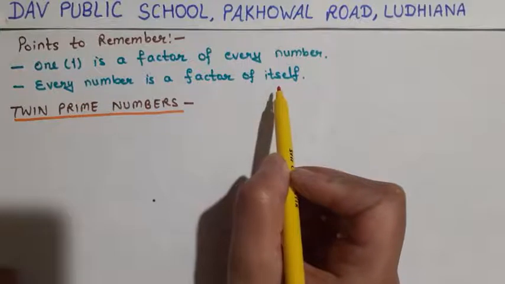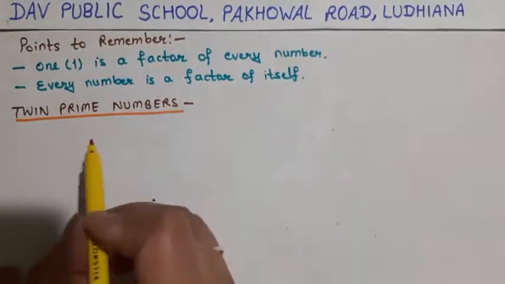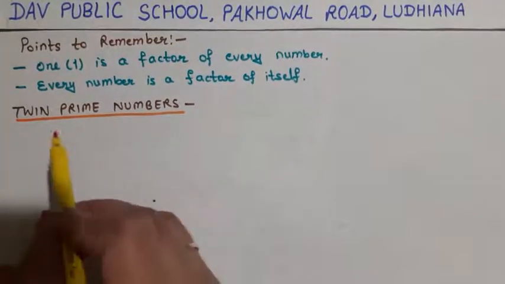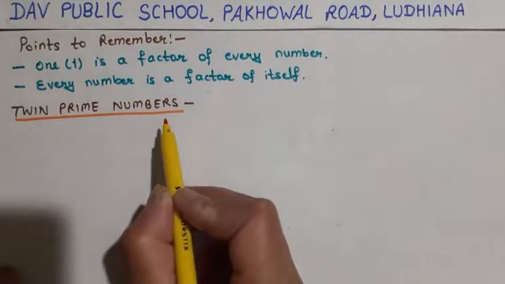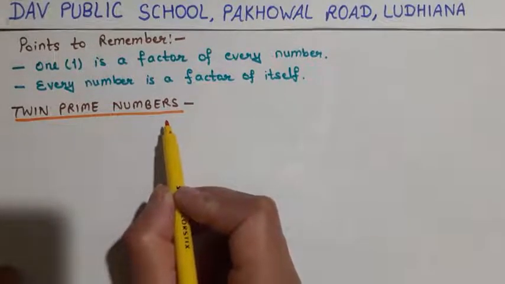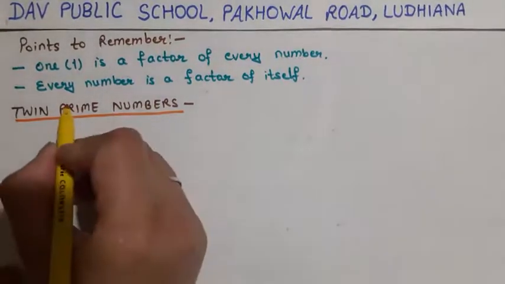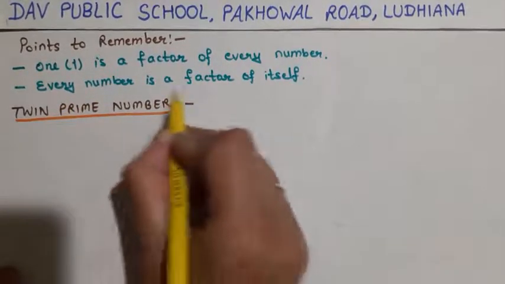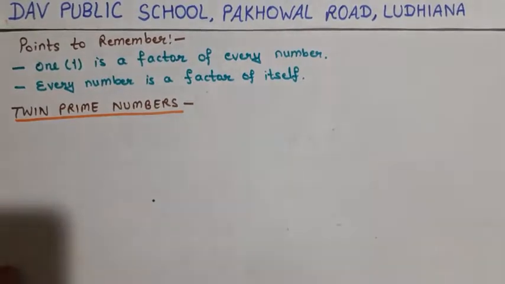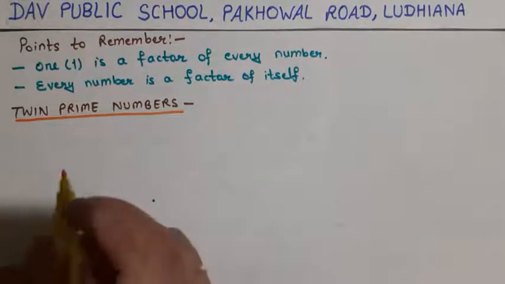Now we will discuss some more definitions. Twin prime numbers. Discuss it with an example. First of all, tell me the prime numbers, all the prime numbers. Prime numbers start from 2, right? Remember, 1 is not a prime number.